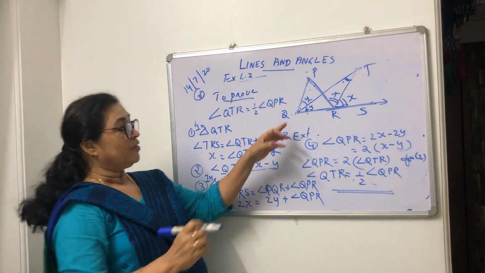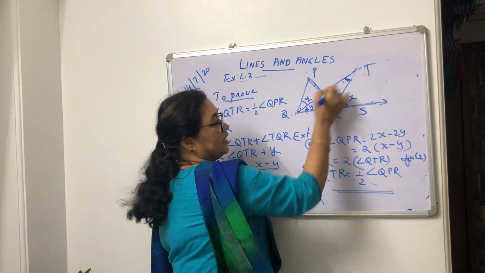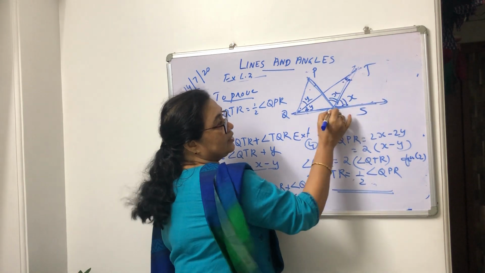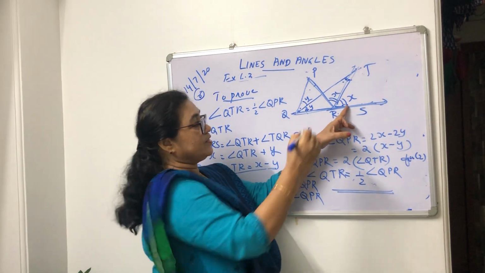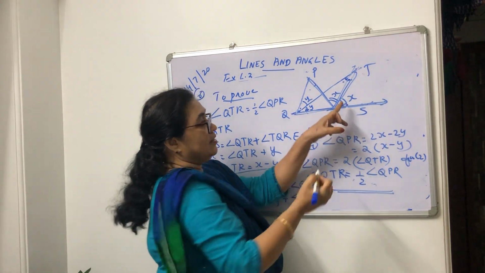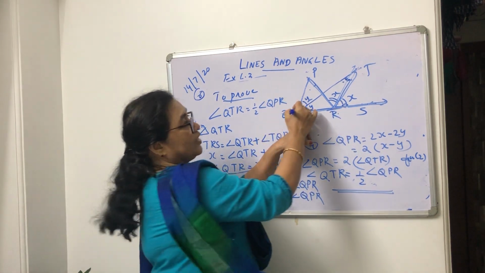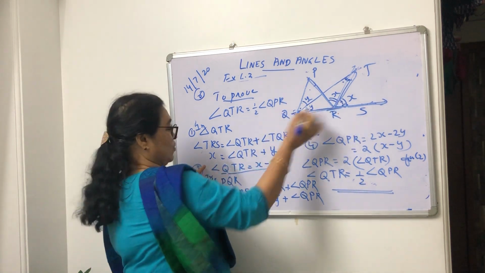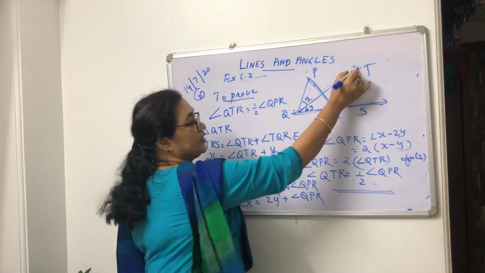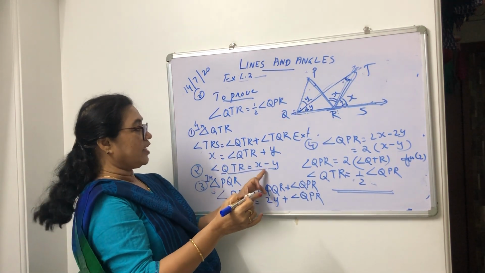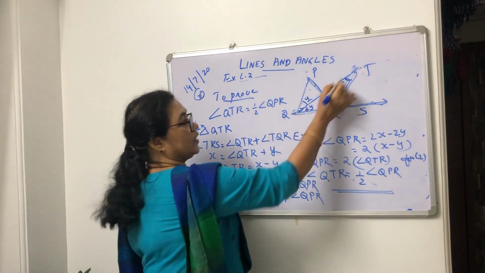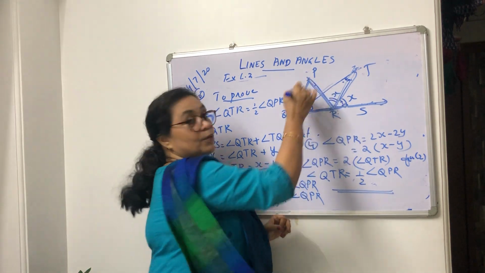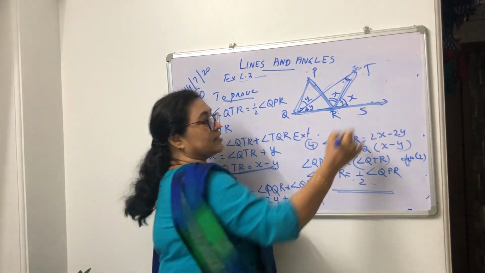Once again, first you take this triangle TQR, and this is the exterior angle x. This x is equal to y plus angle QTR. Then y to this side, x minus y is equal to angle QTR. So I underline. Now I have taken this triangle PQR. This side is extended.